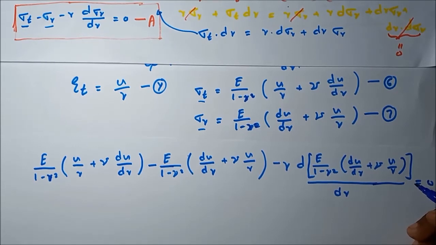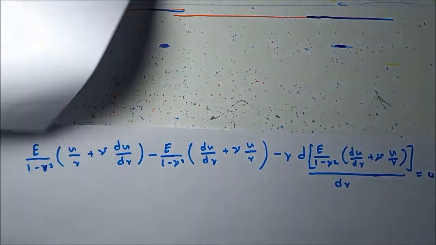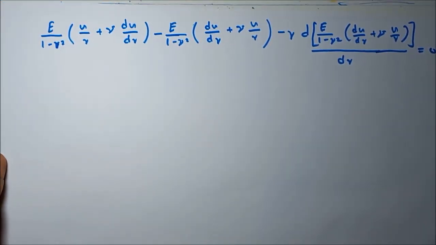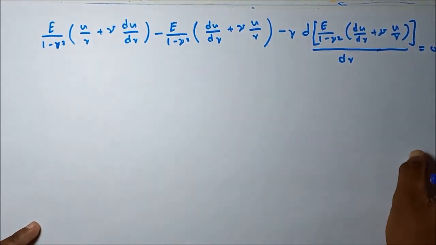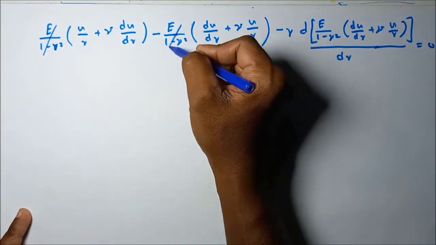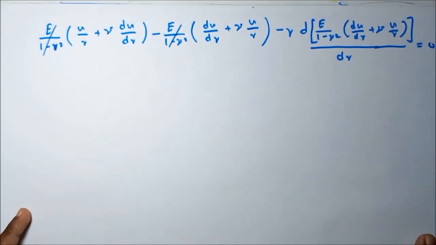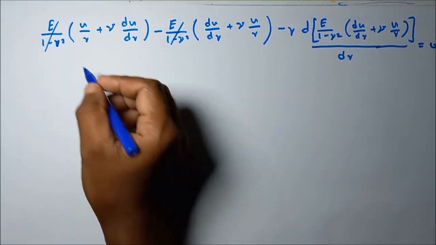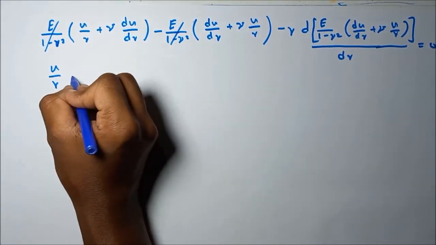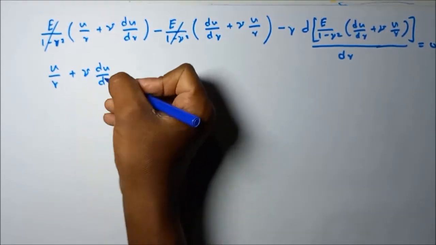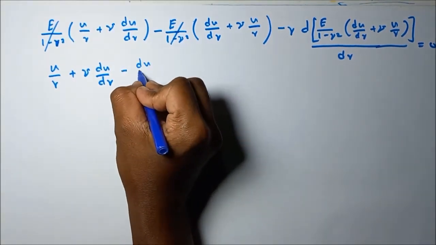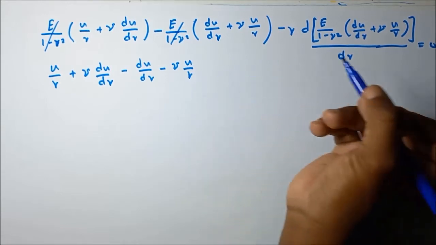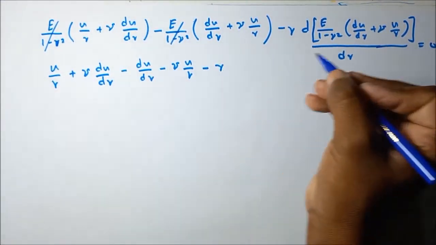Then here you can see in this equation, this term is common and non-zero, so we can cut it. It is a constant, so we can take it out of the derivation and cancel it. Then I will write that equation: u divided by r plus nu du over dr, minus du over dr, minus nu u divided by r, then minus r into the derivative of this one.